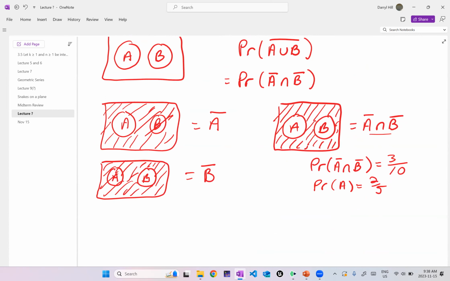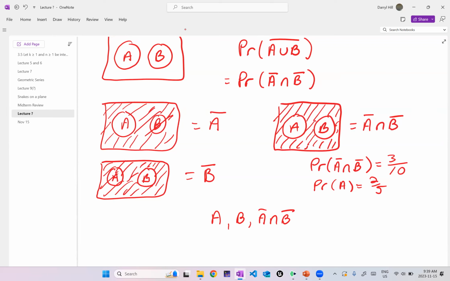Because, well, what is it about? We know A and B are disjoint. What about A naught intersect B naught? Does that intersect A or B? I mean, no, right? So I have three sets or events, A, B, and A naught intersect B naught.